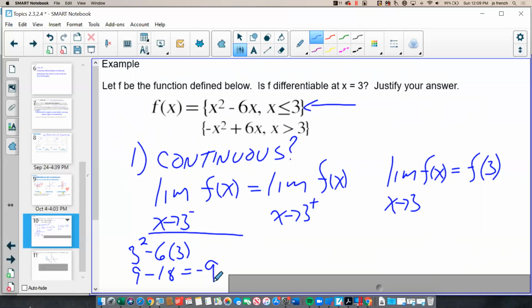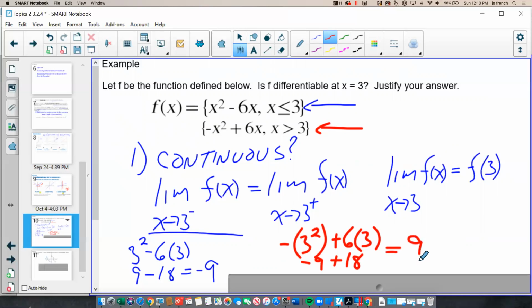Now, as we approach 3 from the right, we would use our second equation for values of x greater than 3, so 3.01, 3.001, etc. There, if we plug 3 into the expression, we would get negative 3 squared plus 6 times 3, which would be negative 9 plus 18, which would be positive 9.